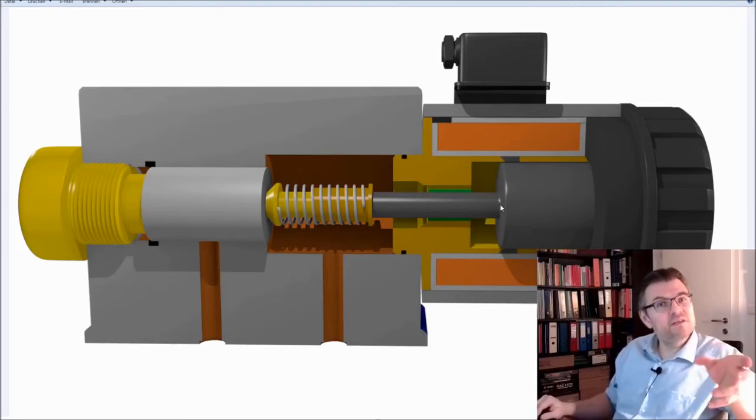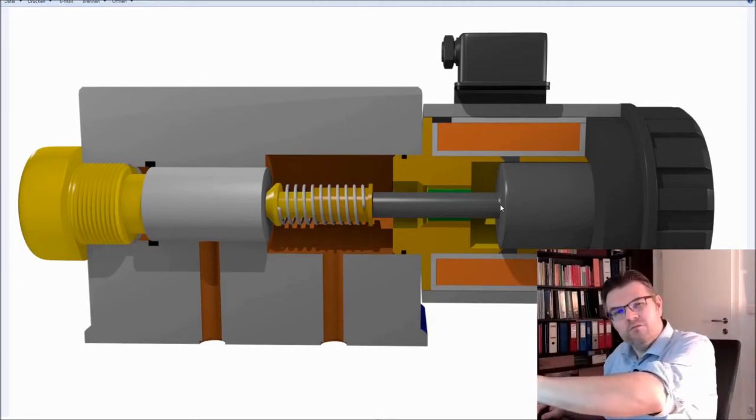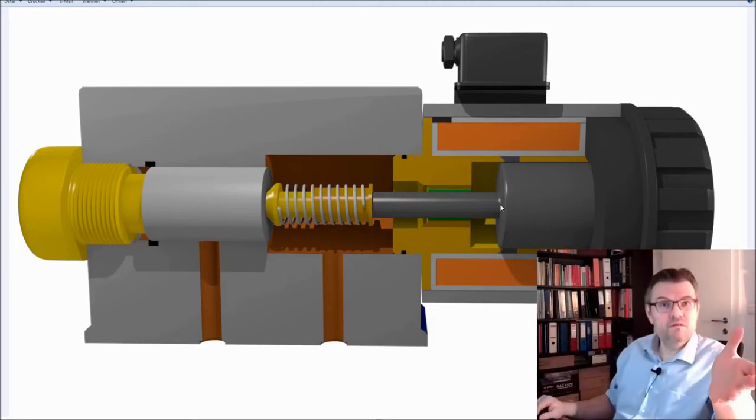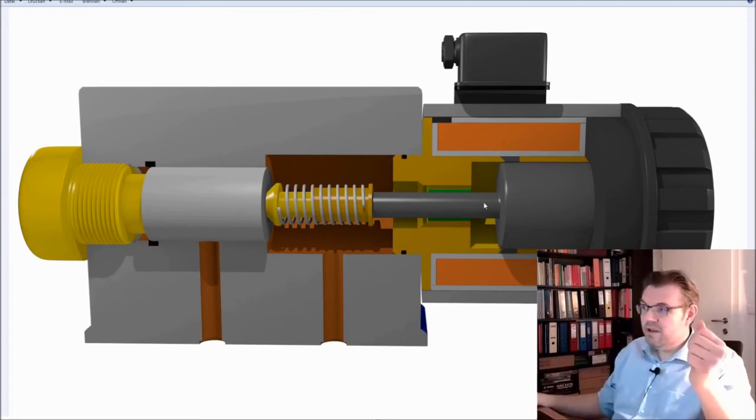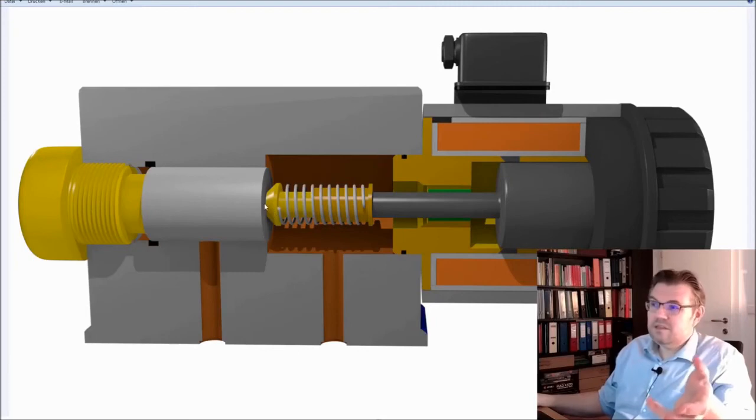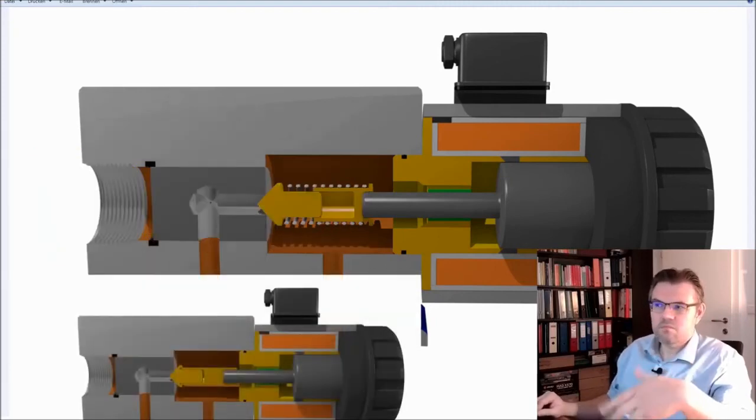In the other case, it is movement driven, the other one is force driven. Okay? If I move in here, I will load the spring, and it's not that easy to open this. The rest is just looking the same. You see, this cone can be pushed inside. That's the difference.